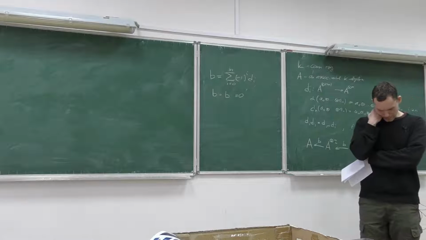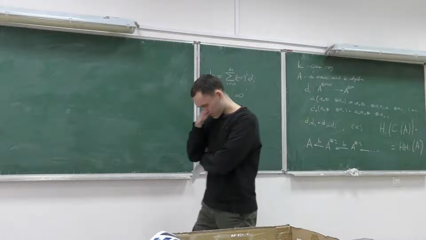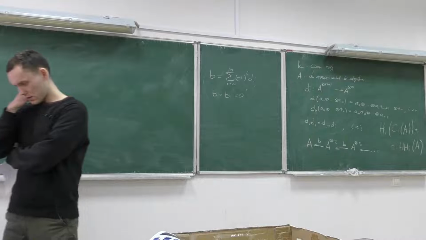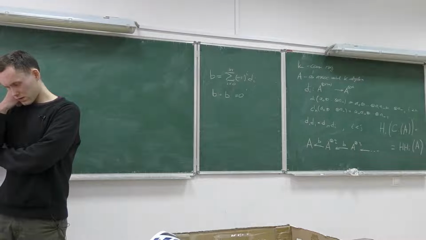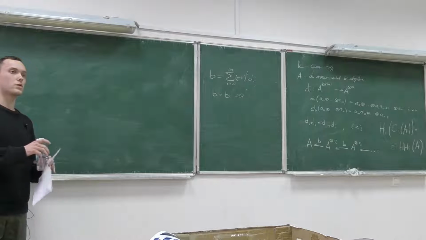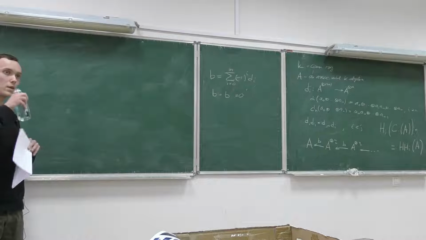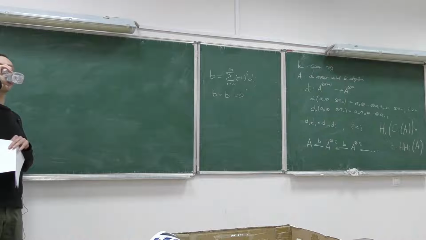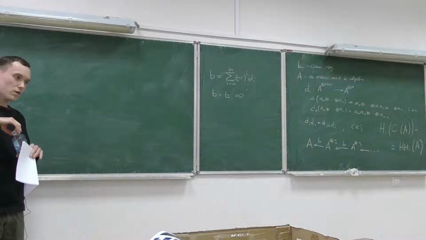Okay, so that's a complex. Just a question: is it useful for computation purposes? What it means is that because it's not just homology of this particular complex, it's Tor, you can compute it using some other resolution of the diagonal bimodule, which is maybe smaller.